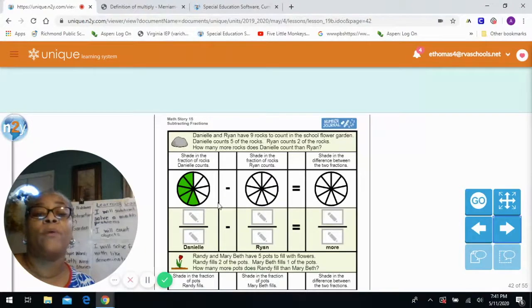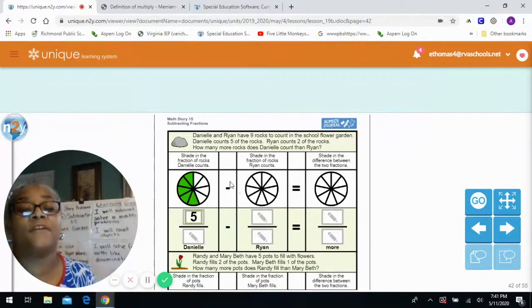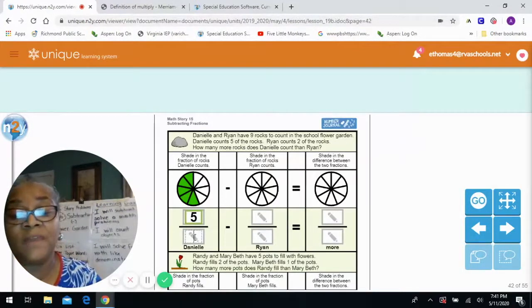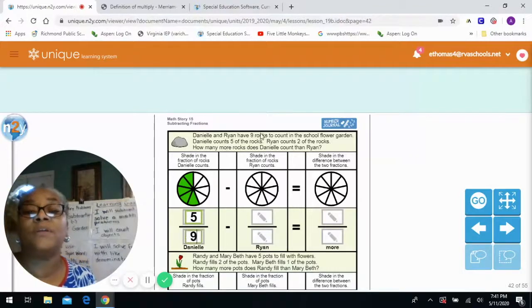I'm on the whole part. All right. So she counts 5. And we're going to put 5 there. All right. Now, how many do they have all together? That's 1, 2, 3, 4, 5, 6, 7, 8, and 9. Because they have 9 all together. They have 9 rocks. That's all in our information for our word problem.